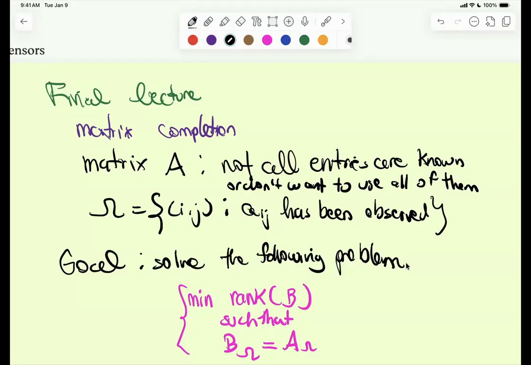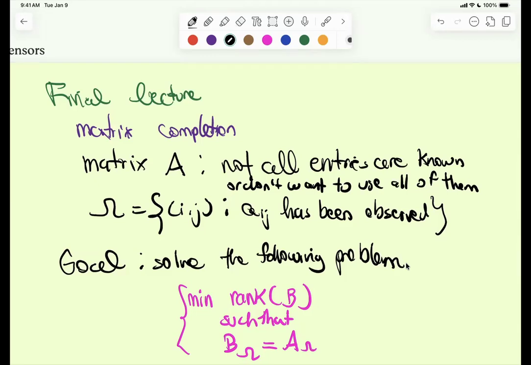The goal would be to solve a problem like this: find a matrix of minimum rank such that, for those entries that were observed, they match. Of course, you can imagine how this could be varied, because maybe you don't need it to match exactly, and you're okay with some error. That's where you start throwing in all these approximation schemes.